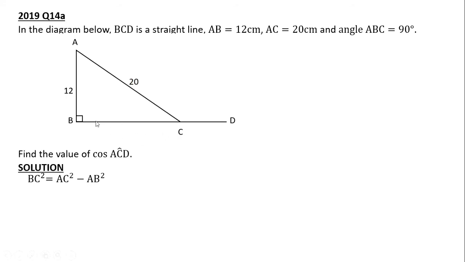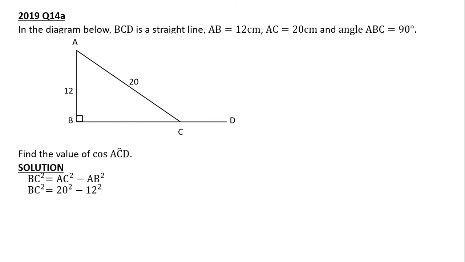When you make BC squared the subject of the formula, our BC squared will be equal to AC squared minus AB squared. Then we substitute. Where there's AC squared, replace it with 20 squared. Where there's AB squared, we'll replace it with 12 squared.